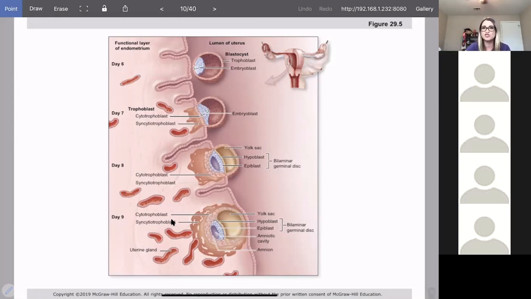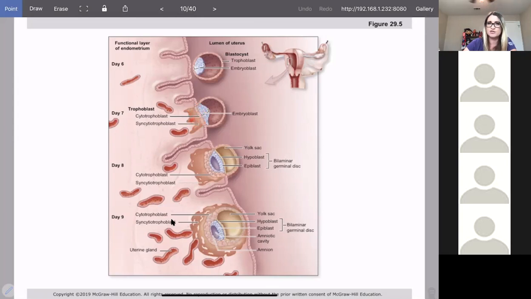As it begins to implant, when it comes in contact with the uterus, the trophoblast is going to start to differentiate, and it will create these two layers. There is cytotrophoblast, and that's this layer right here. It's the inner layer of the trophoblast on this side.